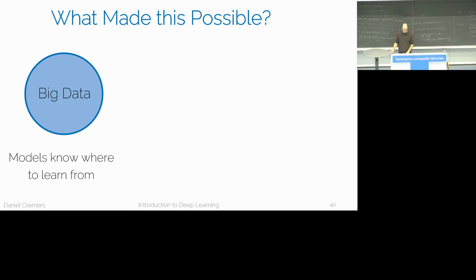What made all of these breakthroughs possible is many things. First of all, the big data age. And one shouldn't underestimate the importance of this dataset ImageNet in the whole game. And this wasn't Fei-Fei's first paper, she already had Caltech 101, I think it was called.